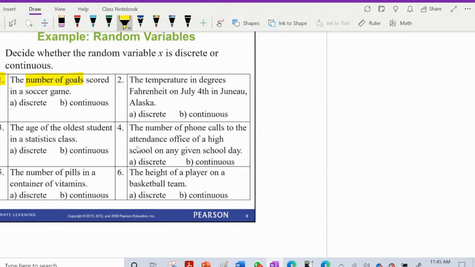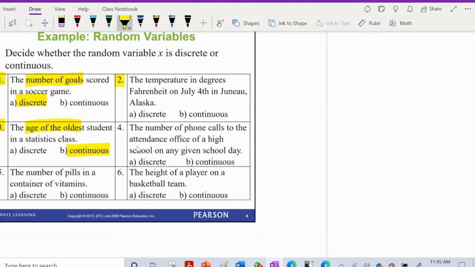Number of something means you are counting, so the answer is discrete. Very good. Justin, can you read question 3? The age of the oldest student in the statistics class. Good. So the age of something, you don't count age, you measure age. So that will be continuous.